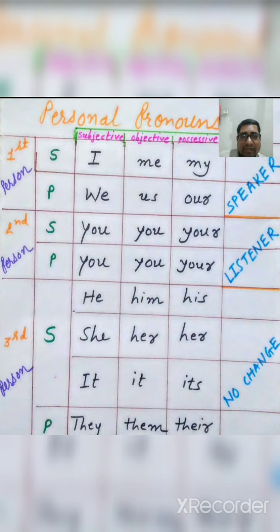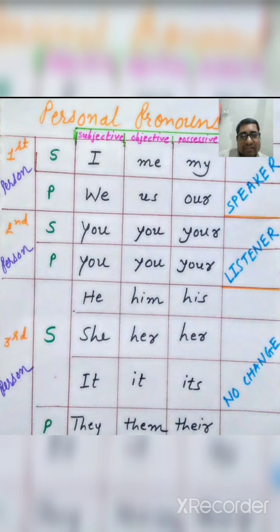Suppose you are the only one and you are speaking, that means you are singular, you are the one, so you can use I pronoun for you, correct? Now suppose you are two or more than two and you are speaking, you are singing a song in a group. That means you are the speaker and you are not only one, you are more than one. So you can use your pronoun we as you are speaker. So dear students, first person is used for speaker.